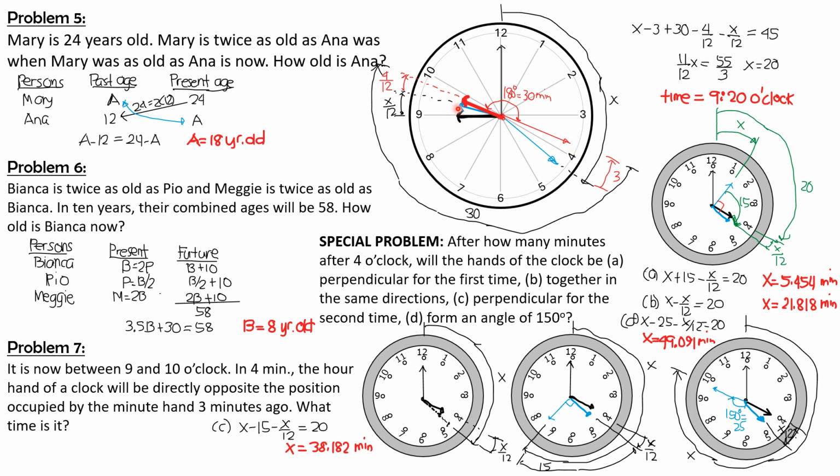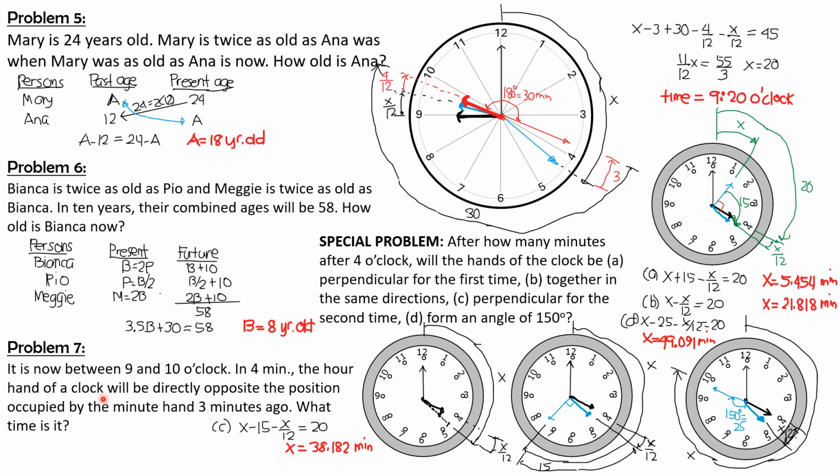So the time would be represented with these blue colored hands of the clock. From the first initial position of the minute hand to its final position, which is this blue, we will call that X. Then the initial position of the hour hand to its final position, blue, would be X over 12, because the equivalent number of minutes moved by the hour hand is 1/12 that of the minute hand.